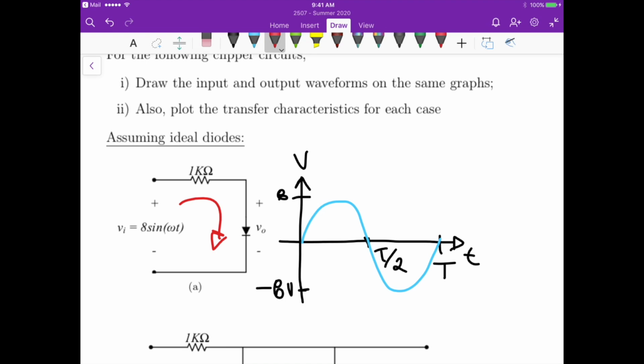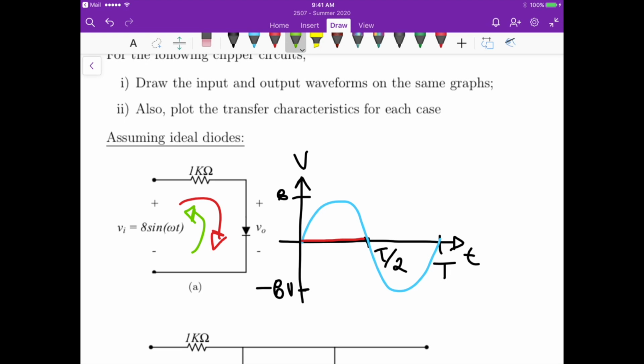So when the input voltage is positive, the diode becomes a short circuit, and then the output voltage that we are measuring, which is the voltage across the diode, is going to be just a short circuit to the ground, so it's going to be 0. Now, when the current is flowing in the opposite direction, when the sinusoid is negative on the second half cycle, the diode blocks that current from flowing.